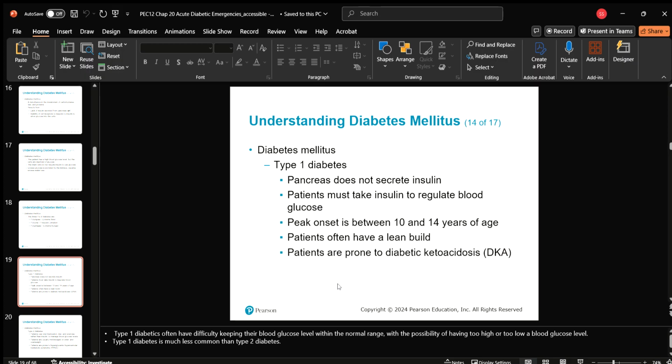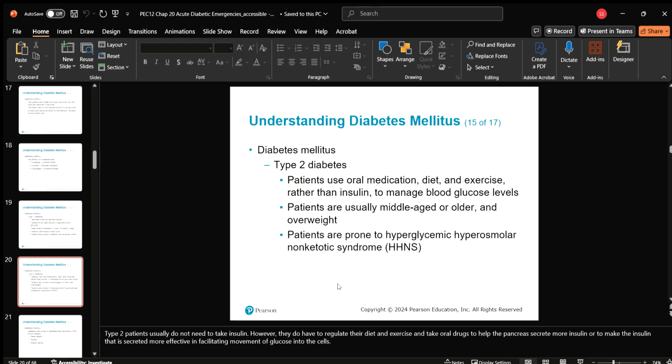And what does insulin do? It's going to lower their blood glucose level. Because the pancreas doesn't secrete insulin, they need another method of getting it, so they administer it themselves, and so they become hypoglycemic.